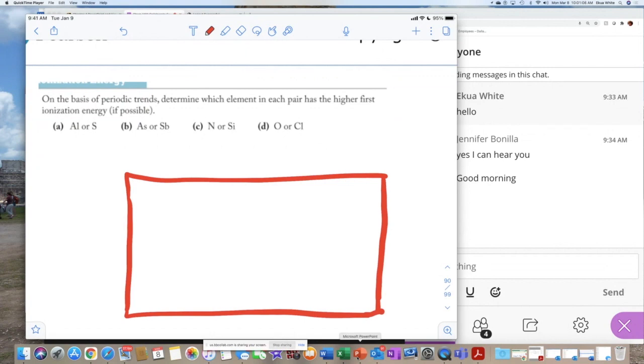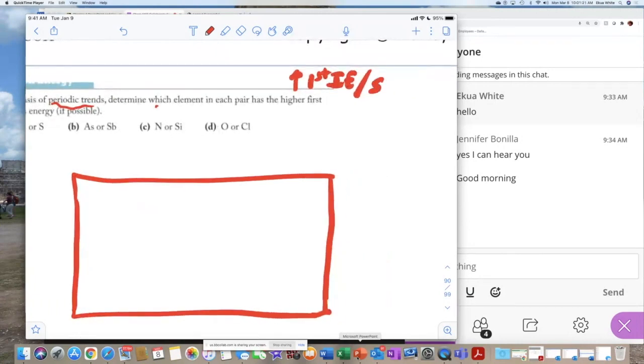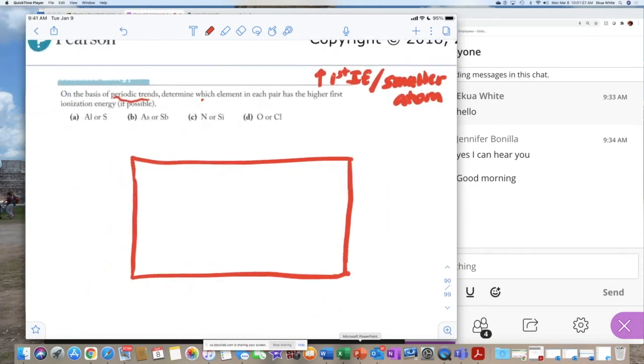On the basis of periodic trends, okay, I have my periodic table here. Determine which element in each pair has a higher. So we're looking for the higher first ionization energy, aka what we're looking for is the smaller atom. See, I am more comfortable with this atomic size than the ionization energy, so we'll go with that.